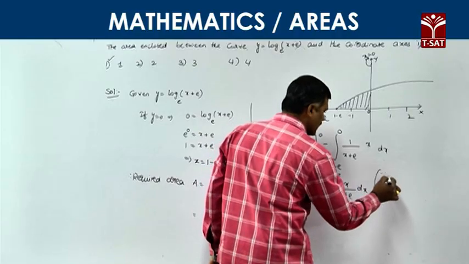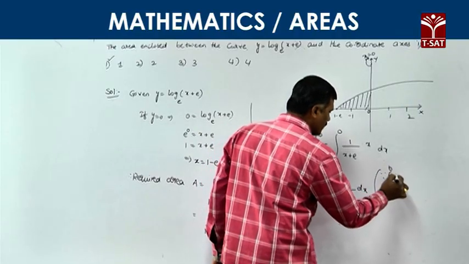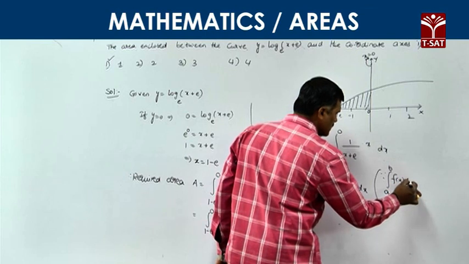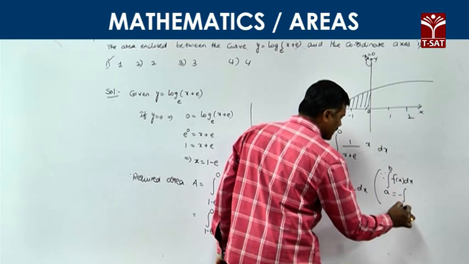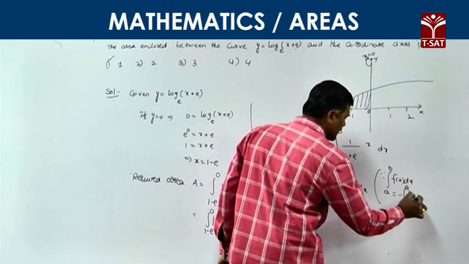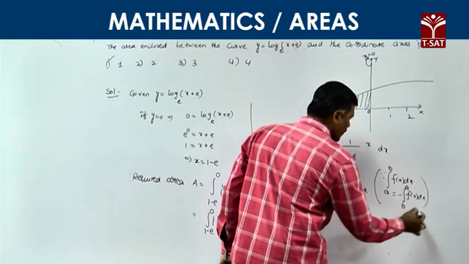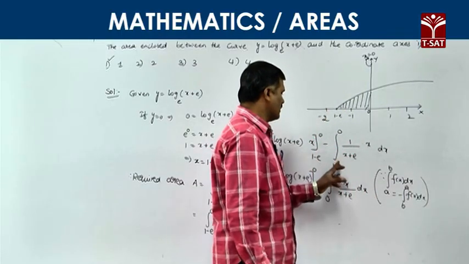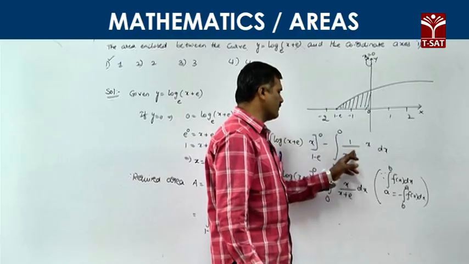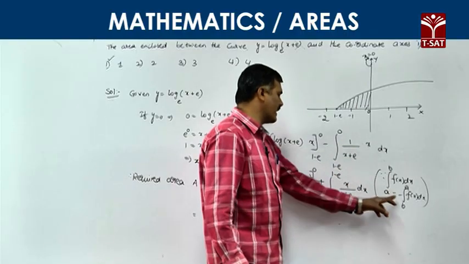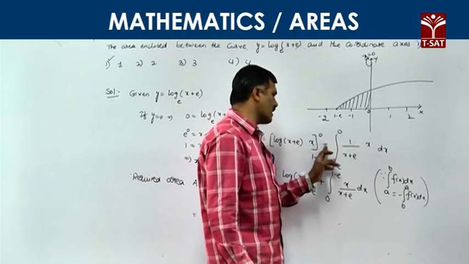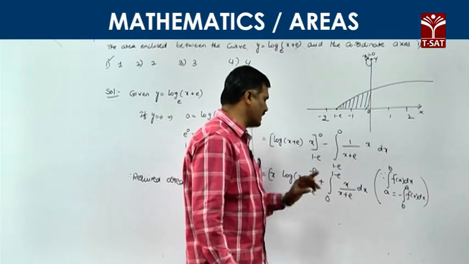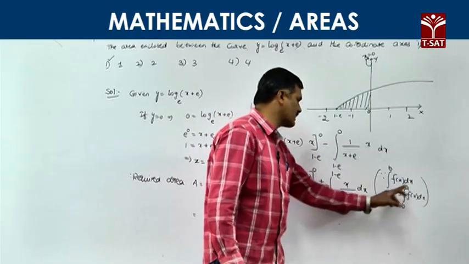Since integral of a to b f of x dx is equal to minus integral of b to a f of x dx, applying this formula here, with the negative sign, minus of minus gives plus, b to a f of x dx.